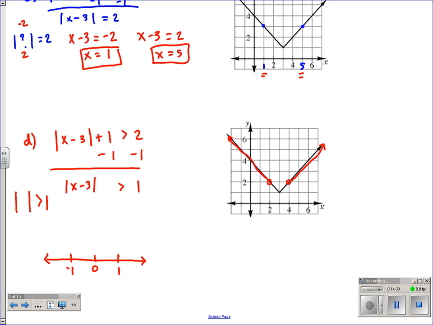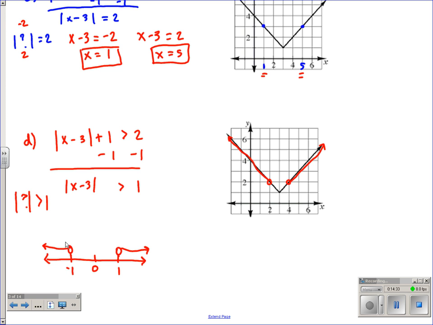But we're looking for everything that is more than 1 unit from 0. So we can't include these, but we know that all the values to the left of negative 1 are more than 1 unit from 0. And all the values to the right of positive 1 are more than 1 unit from 0.